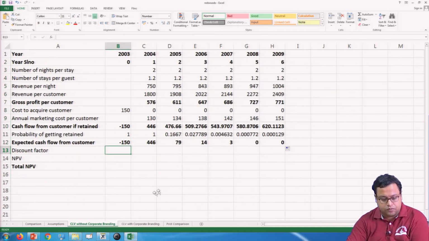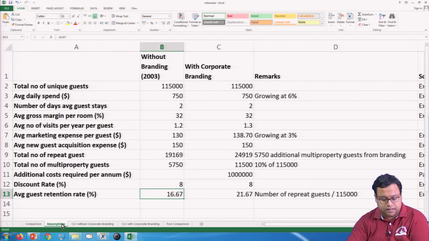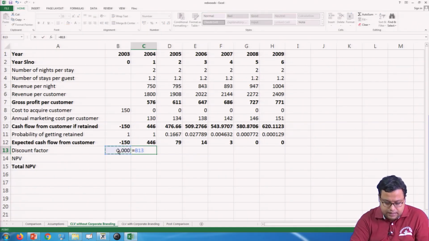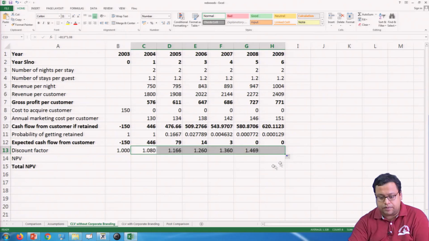So, what is the discount factor? The discounting factor is 8%. So, what I will do is, this year it is 1, second year it is this into 1.08, and so on: 1.08, 1.08 square, 1.08 cube and so on.